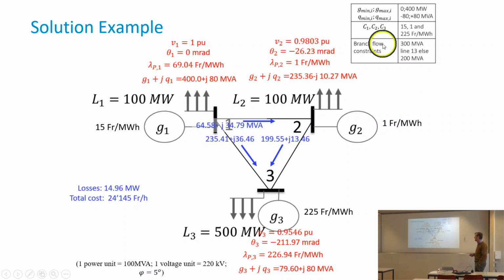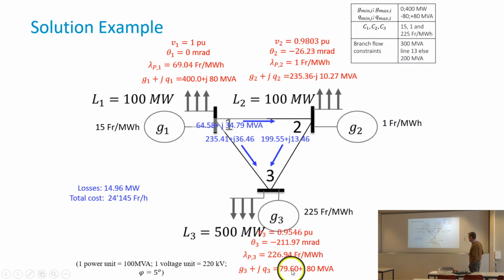For active power, it might be surprising, but the cheapest one is G2 here. G2 is operating at 235, which is less than its capacity, and it also has a reactive power component, so it's consuming some reactive power.